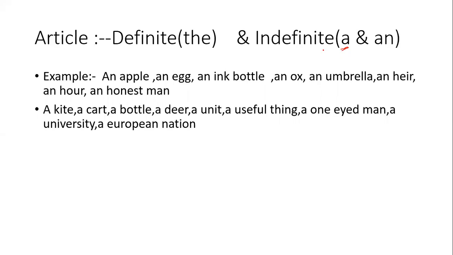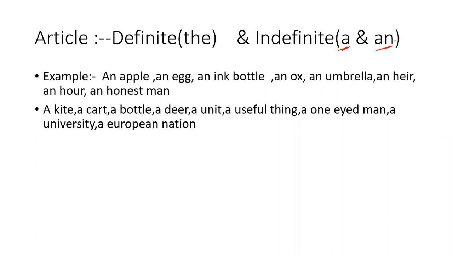No confusion at all. It is the sound that determines the use of a or an. Okay. Now, if a word begins with a consonant sound, then a is to be placed before it. Any singular noun. And then if the noun begins with a vowel sound, then an is to be used.